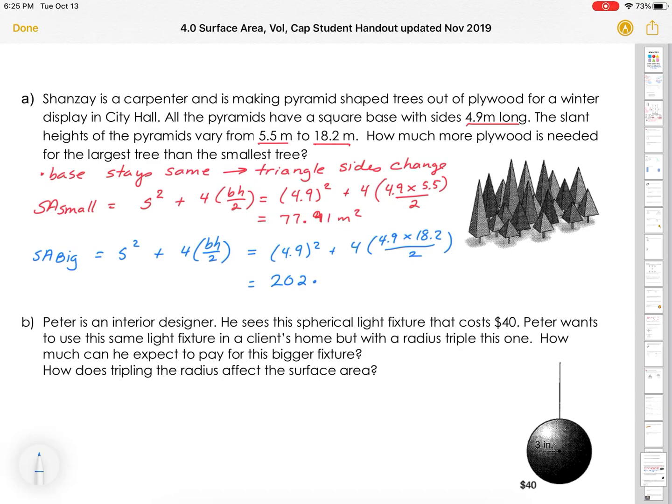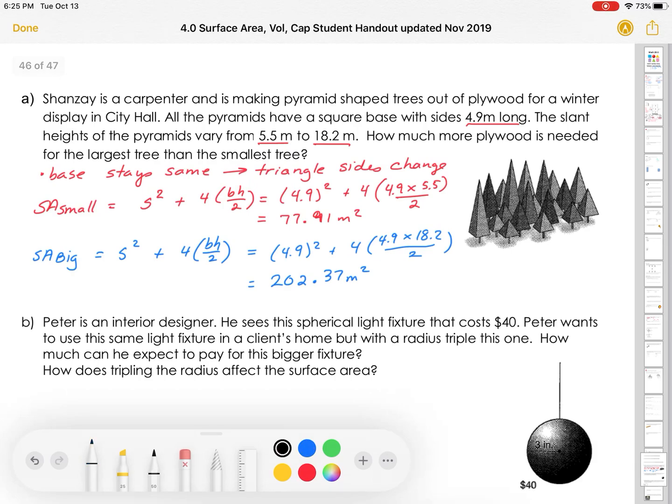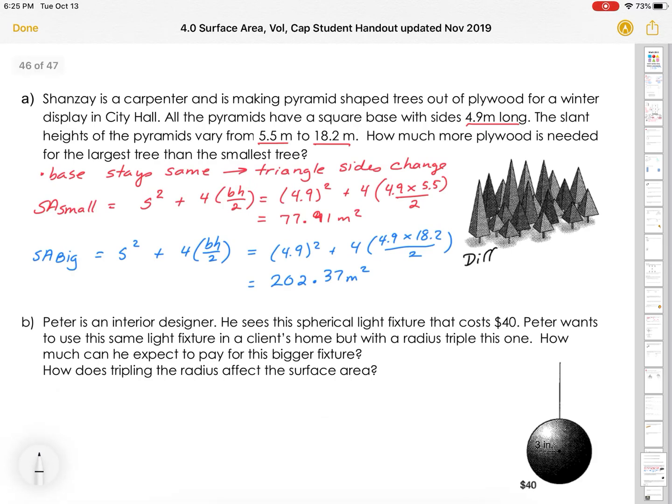And when we multiply those through, we get 202.37 meters squared.